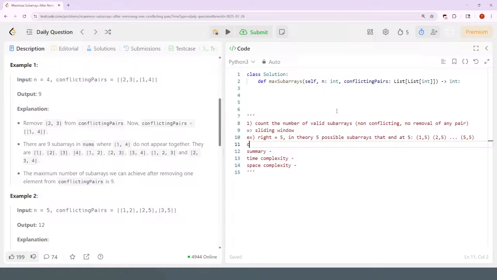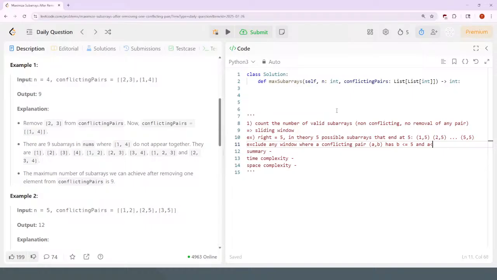And then exclude any window where a conflicting pair [A, B] has B less than or equal to 5 and, I guess it could be B and A, is less than the left side.